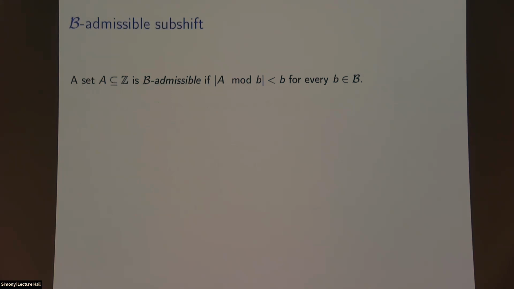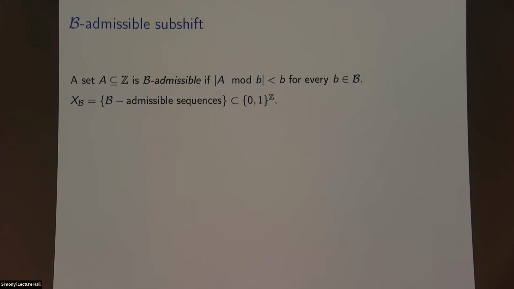Together with the B-free subshift, we consider something we call the B-admissible subshift. To define it, let me say that a set A of integers is said to be B-admissible, provided it misses at least one residue class modulo every b belonging to B. By X_B, we denote the set of all B-admissible sequences, that is, sequences whose supports are B-admissible in the previous sense.